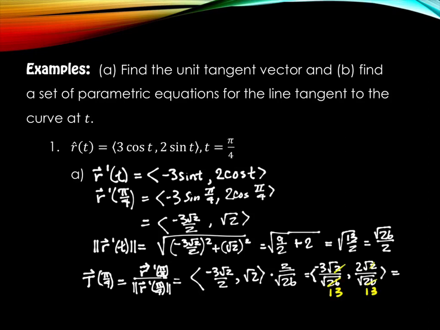If we rationalize, we're going to get negative 3 square root 13 over 13, and 2 square root 13 over 13. So that is our unit tangent vector at pi over 4.